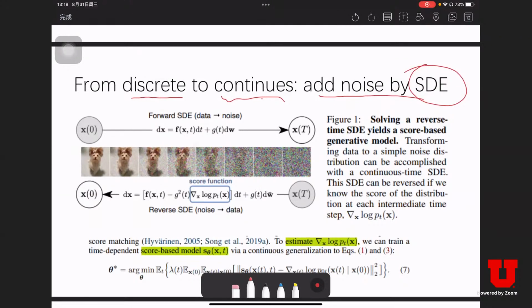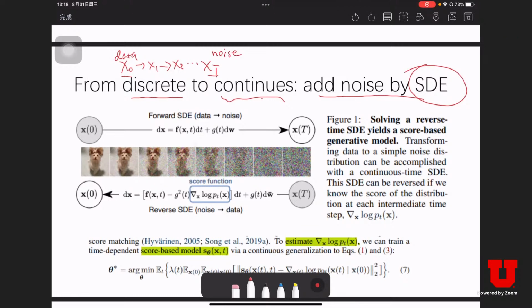Recall in DDPM, you go from x0 to x1, x2, and to xt. Here is your data, here is a noise, right? This transition is discretized.